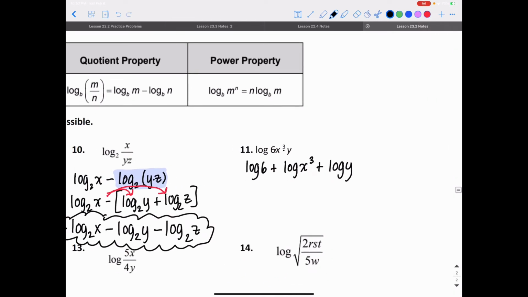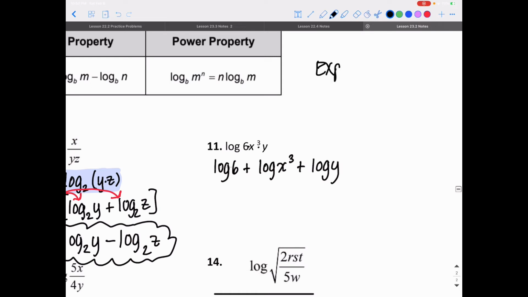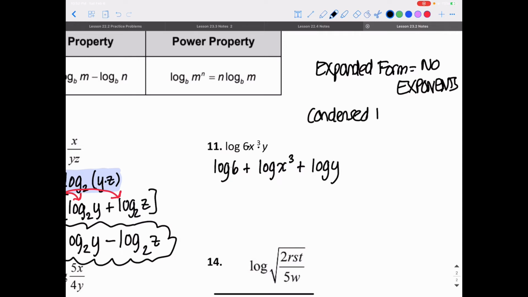So expanded form equals no exponents. For condensed form, no coefficients. So you can remember: condensed, no coefficients; expanded form, no exponents.